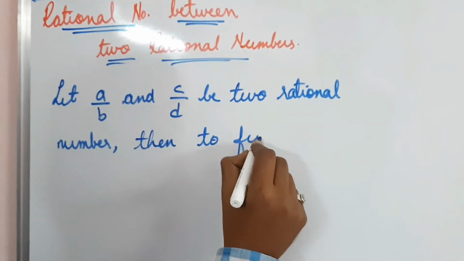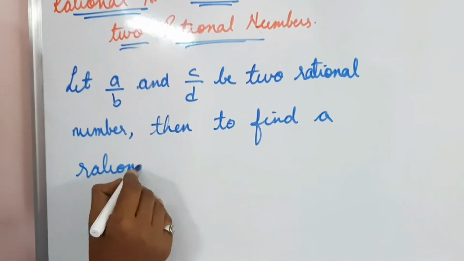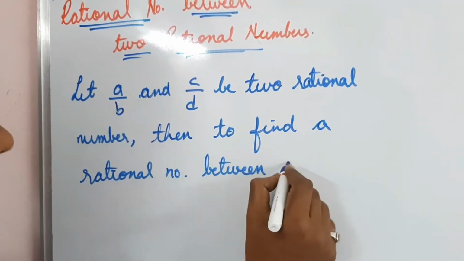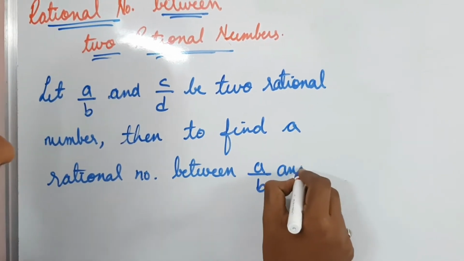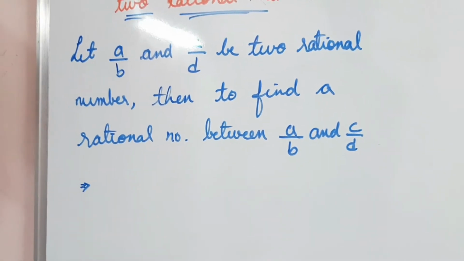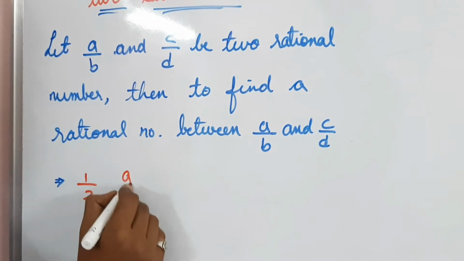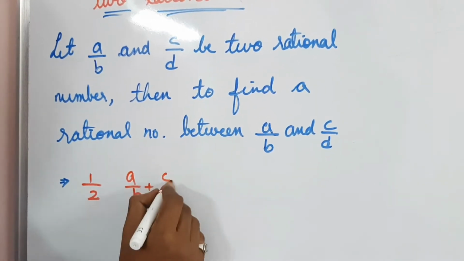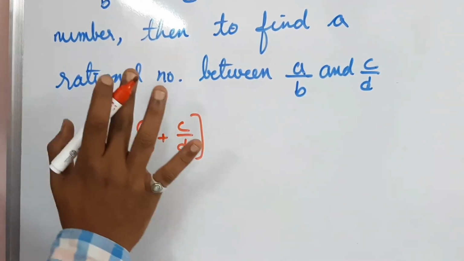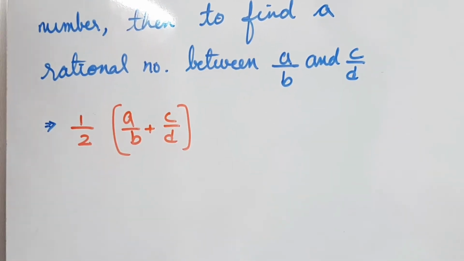To find a rational number between A by B and C by D, we use the formula: half of A by B plus C by D.